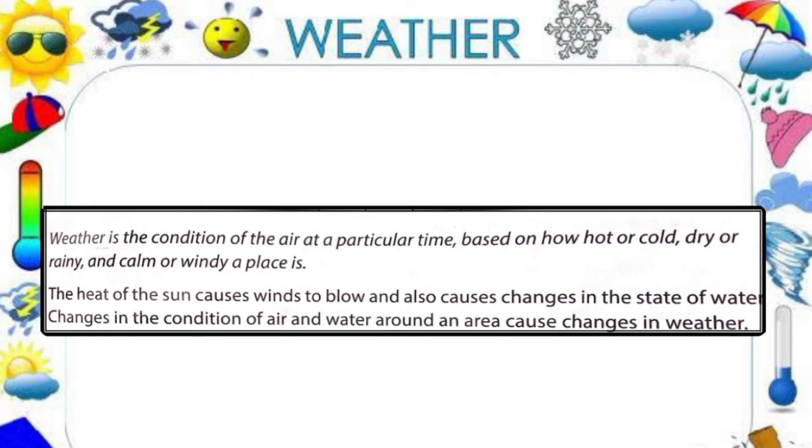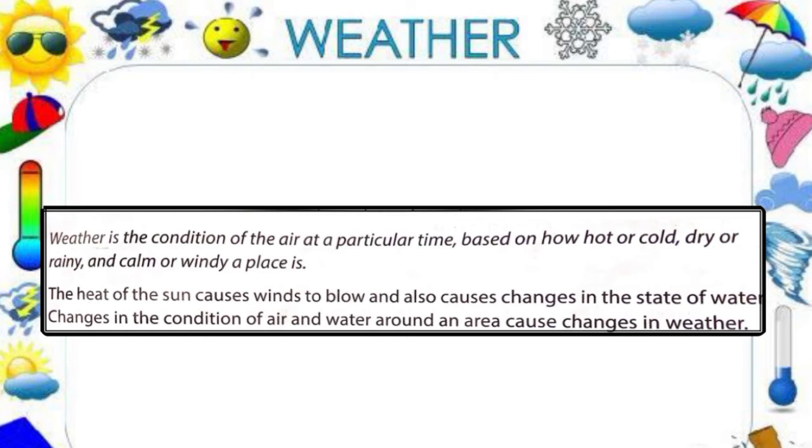So let's understand what is weather. One of the first things many people do when they wake up in the morning is check the weather, because the weather pattern where you live will help you and your parents to decide what you should wear or bring to school that day.